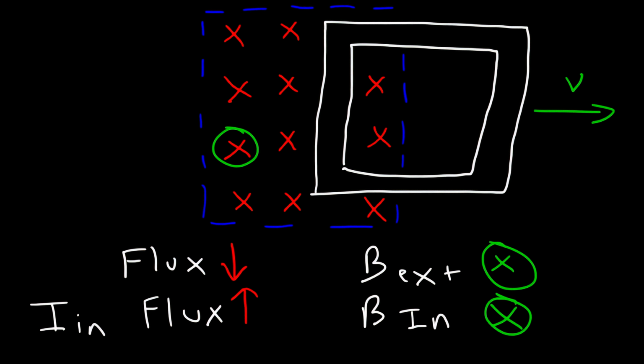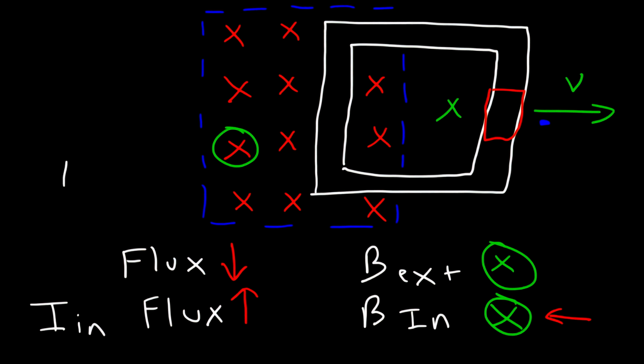So let's choose a segment of wire that we should focus on. Let's choose this segment. Now, at the center of the loop, it's going to be going into the page, which means on the right side, it will be out of the page. So using this information, what is the direction of the current?